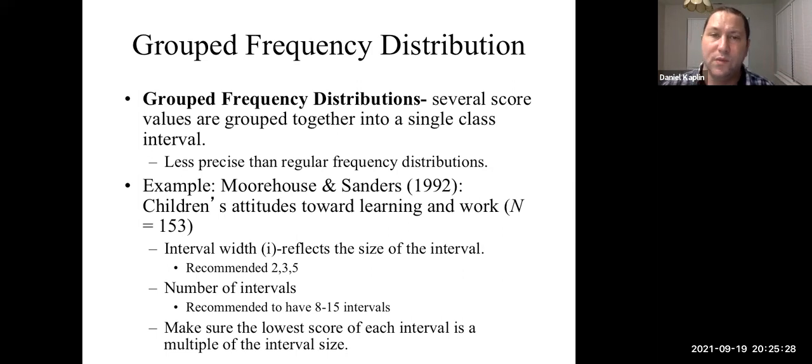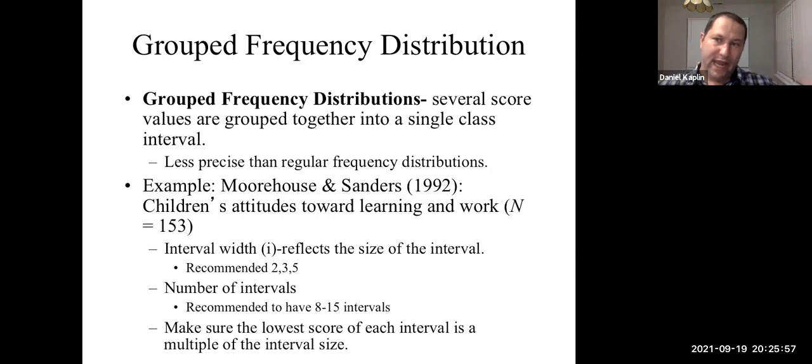One criticism when you use a grouped frequency is that it becomes less precise than a regular frequency distribution. And the common scenario where people do it, and I always say that there's a much better way, is with age. We ask people to pick their age group, 18 to 25, 26 to 44, 45 to 64, and so forth, right?